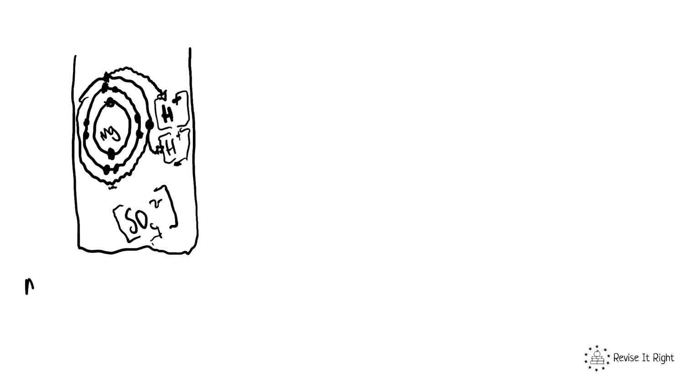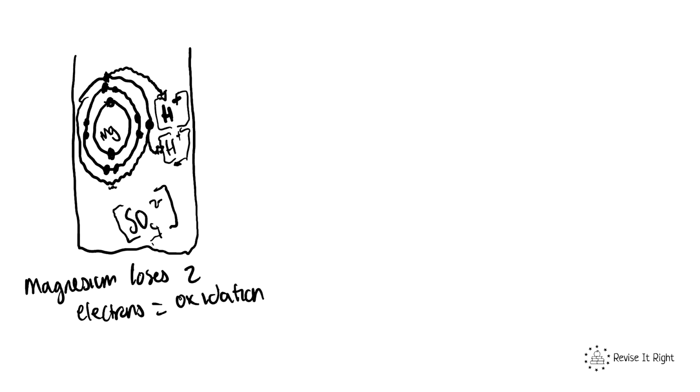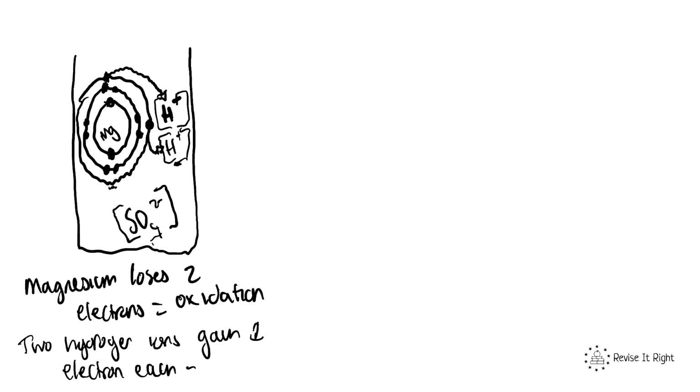Okay, so the magnesium loses 2 electrons, and therefore, as we said in the previous slide, this was oxidation. And what's happened is the 2 hydrogen ions have gained 1 electron each, and therefore they have been reduced. So that is a reduction.